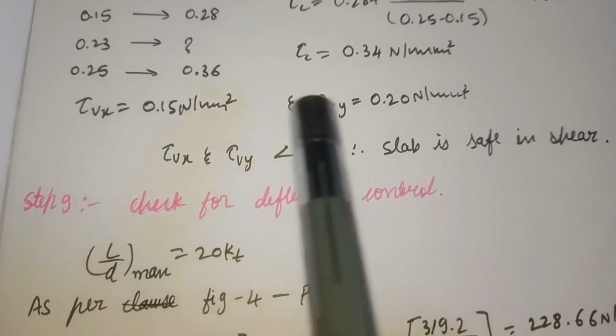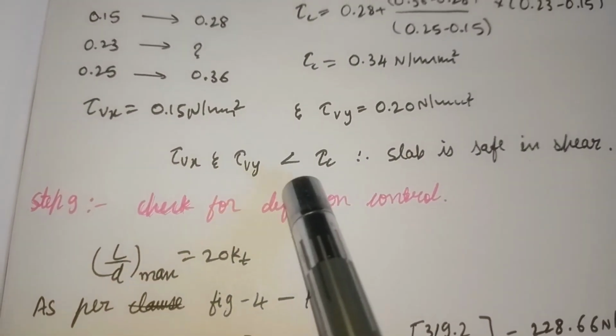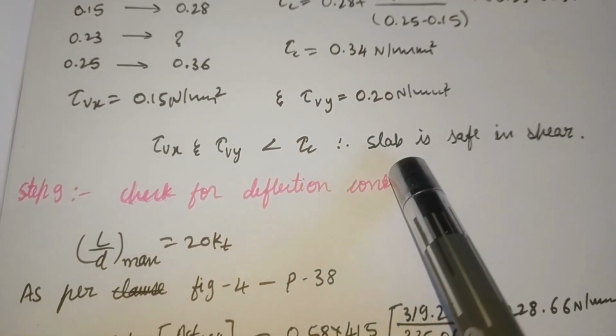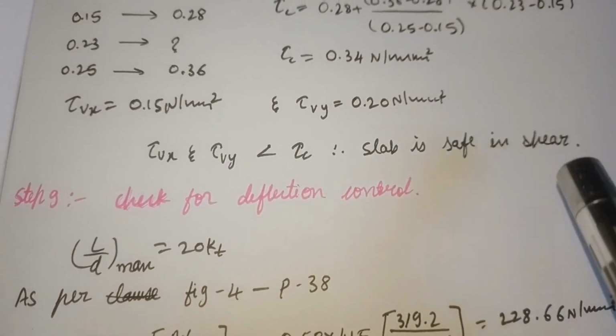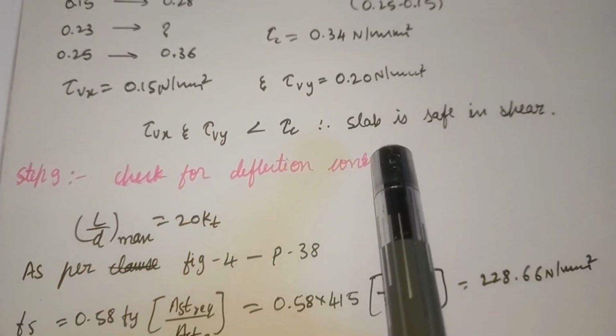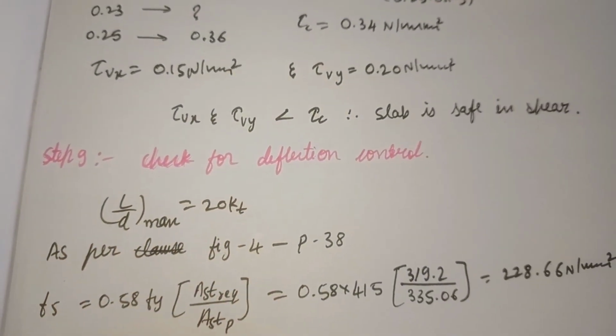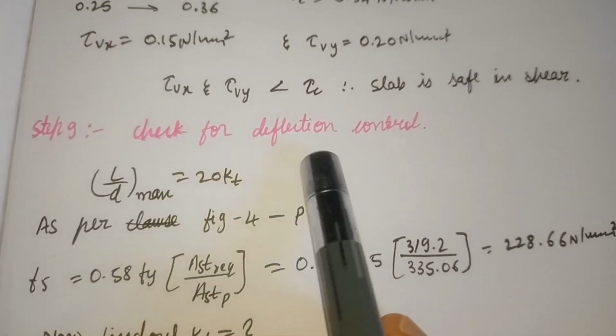By seeing these, we can conclude that our tau v x and tau v values are less than the tau c value. Hence the slab is safe in shear. This is how we conclude. Next we'll go for the check for the deflection control.